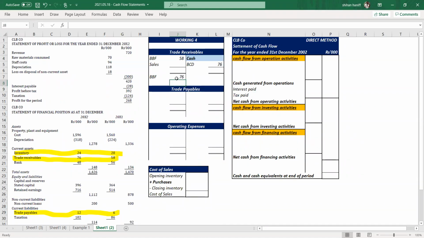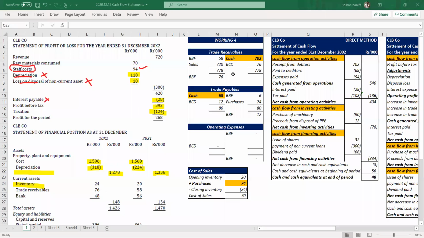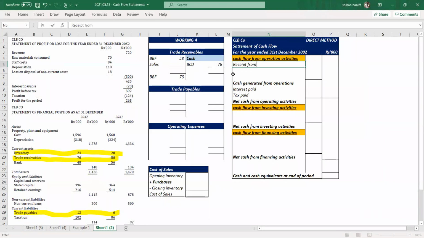Find out the cash received from trade receivables, received from debtors. Then find the trade payables, amount paid to the creditors.